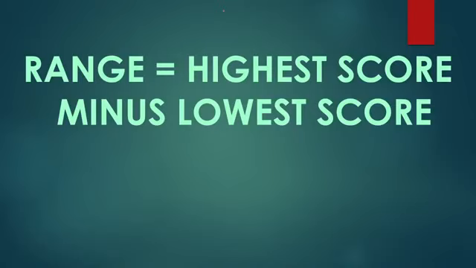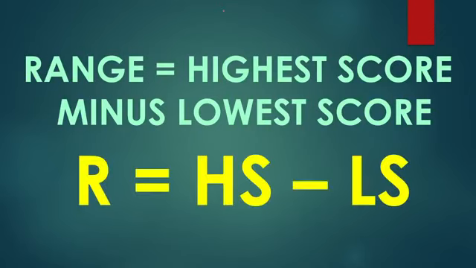So our formula for the range is this. The highest score minus the lowest score. So look for the highest score, look for the lowest score, subtract the two, that's your range. In symbols, that's R is equal to HS minus LS. Highest score minus lowest score. Is our formula clear?